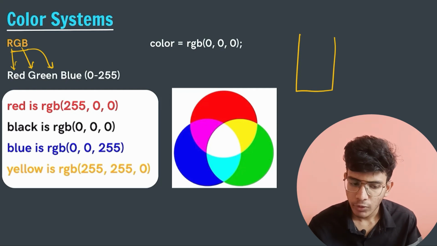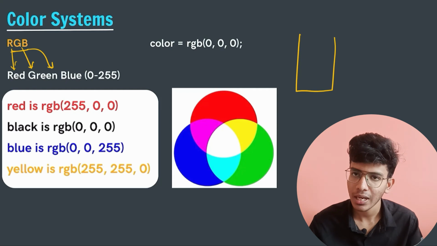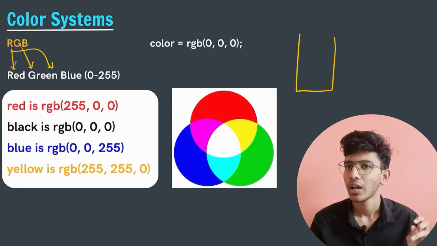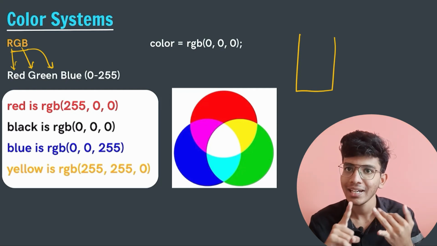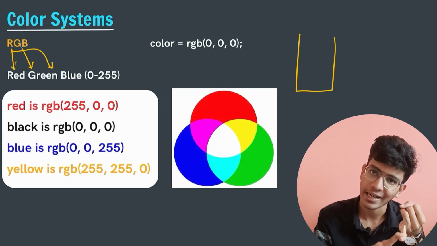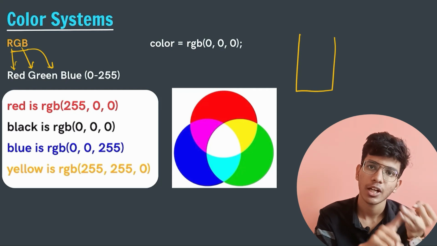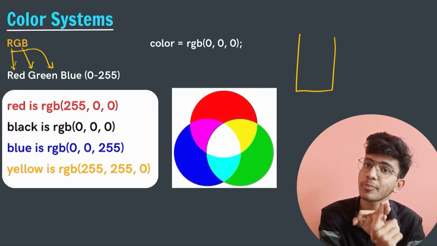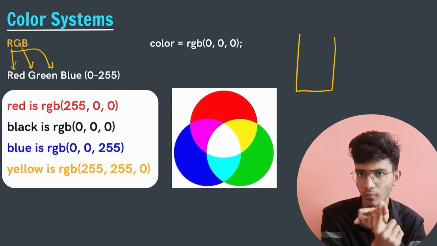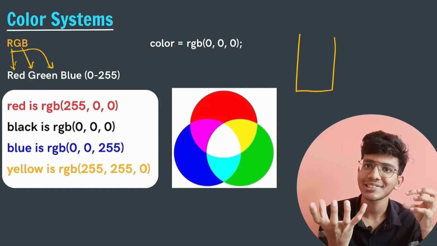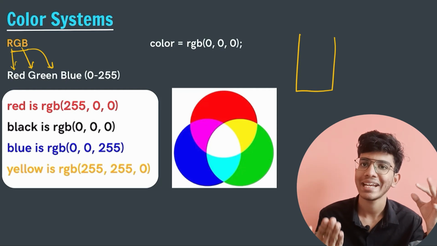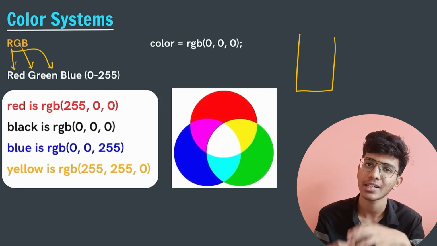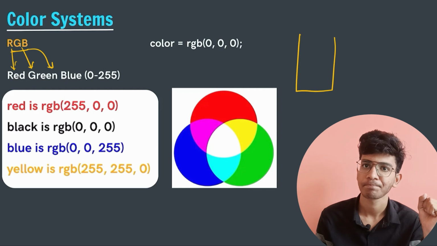So here we will give color equals RGB of 0, 0, 0, and the first 0 represents red, the second 0 represents green, and the third 0 represents blue. Okay, and as you increase the value from 0 to 255, it tells you how much intensity that particular color has.